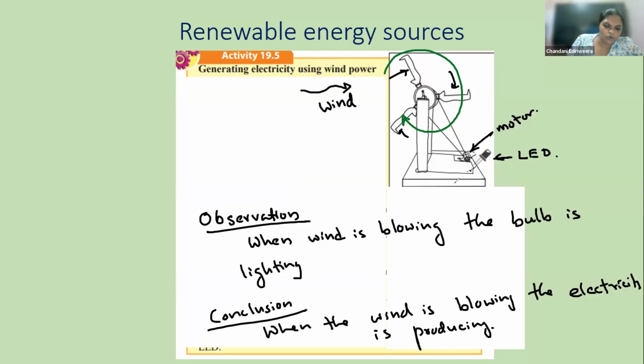Conclusion: when the wind is blowing, the electricity is produced.